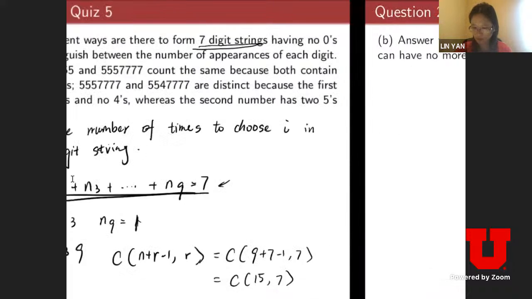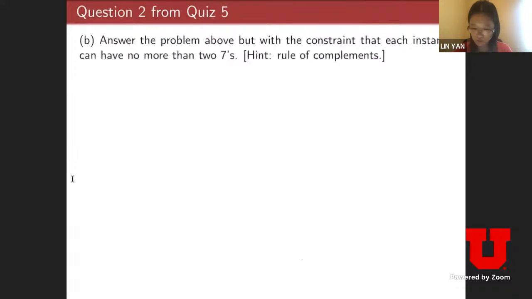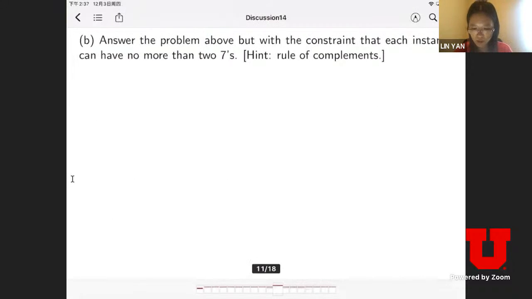Okay, then let's go to the next one. In part B, we need to count the possible solutions that have no more than 2 sevens.